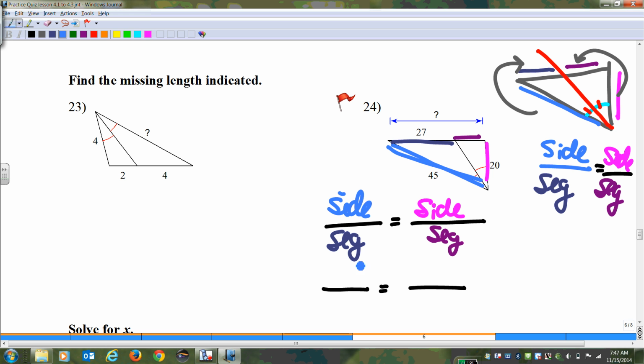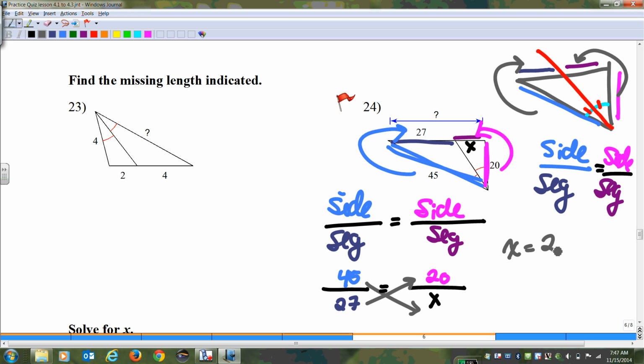So our side is 45, and our segment here is 27, and our side over here is 20, and our segment, careful here, we're going to call it x, but that's not ultimately what we're trying to find. We cross multiply, we're going to solve for x, and you should be able to see that x is going to equal 20 times 27 divided by 45.